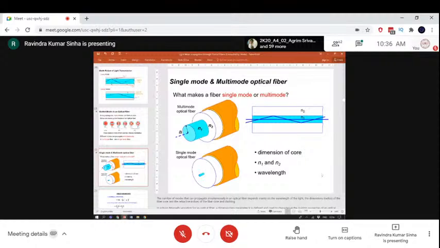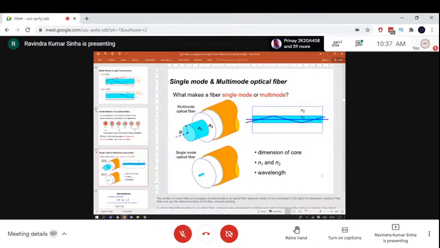Now, we have classified optical fiber as two types. One is a step index fiber, another is graded index fiber, that is how the refractive index is distributed within the core and cladding. Optical fibers are also classified in terms of the mode, how many modes are propagating. I will be explaining what a mode is. If only one mode is propagating, we call it a single mode fiber.